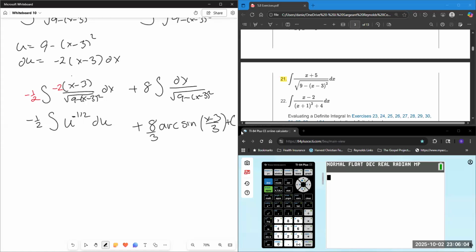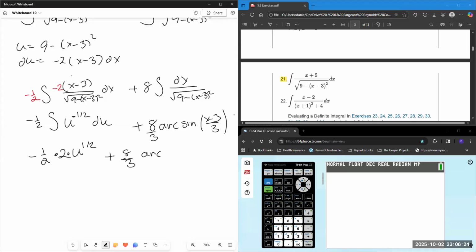So this is negative 1/2 u to the positive 1/2 times the reciprocal of 1/2, which is 2, plus 8/3. I really shouldn't put this plus c on there yet.